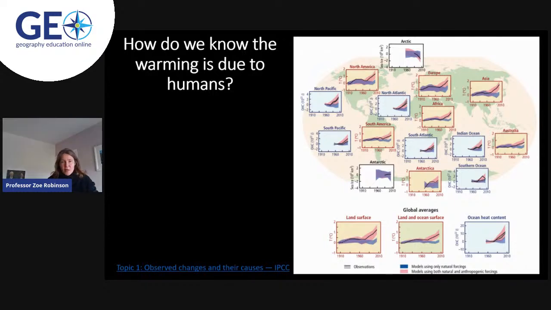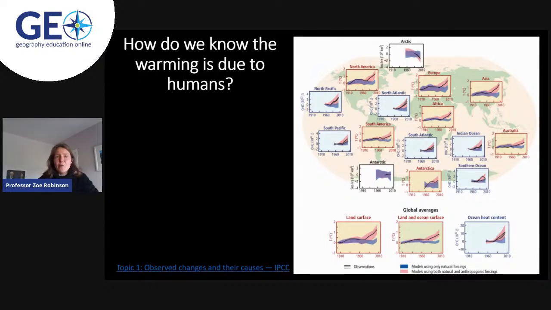However, we know that the change in global temperature that we are seeing now can only be explained by reference to the carbon dioxide and other greenhouse gas emissions that humans are releasing into the atmosphere through burning of fossil fuels and through some changes in land use.